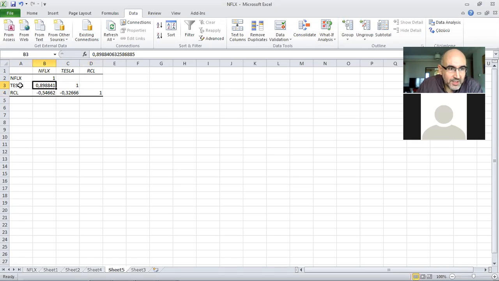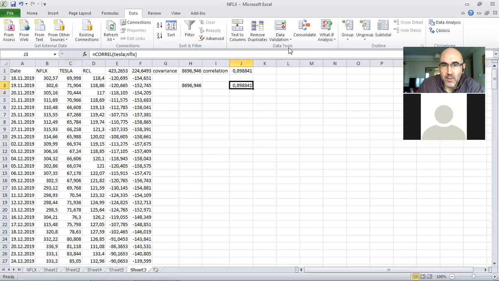There's a strong positive correlation between Netflix and Tesla, a negative one between RCL and Netflix, minus 0.54, and again a negative correlation between RCL and Tesla, minus 0.32. So that was the demonstration using the covariance and correlation functions of Excel and also the Data Analysis ToolPak.